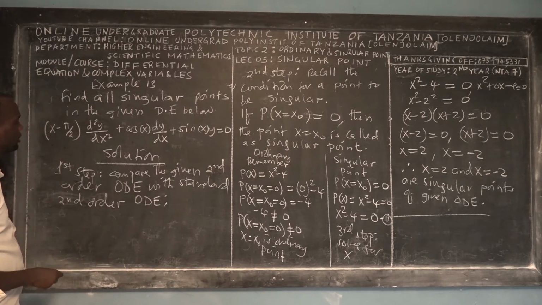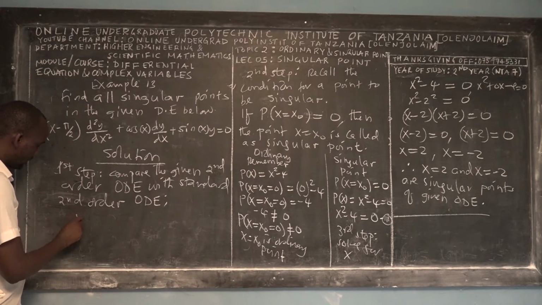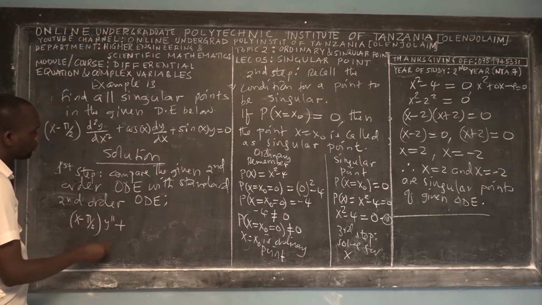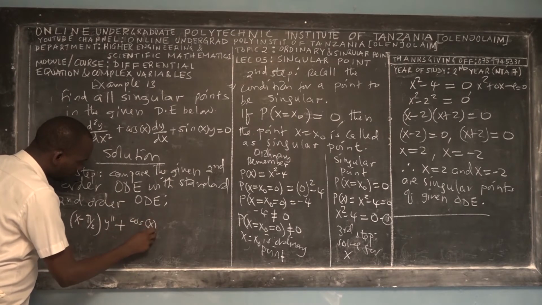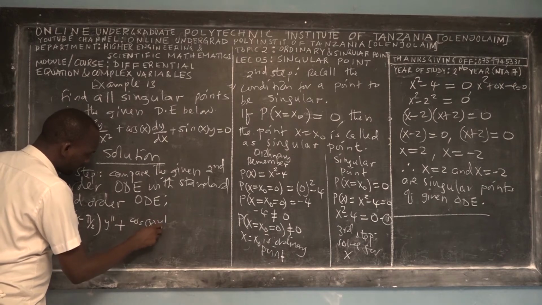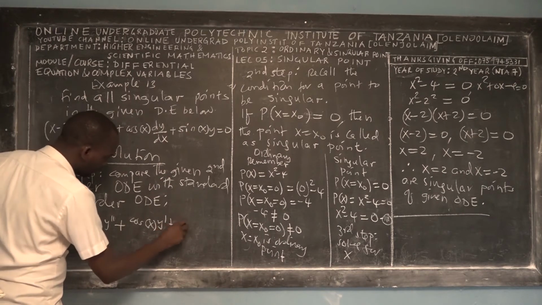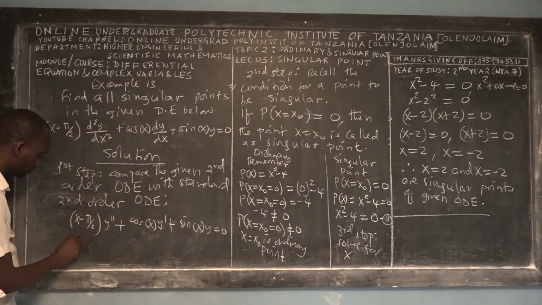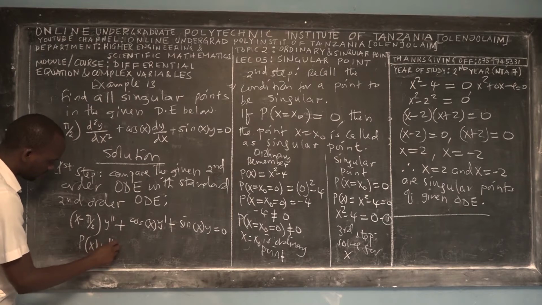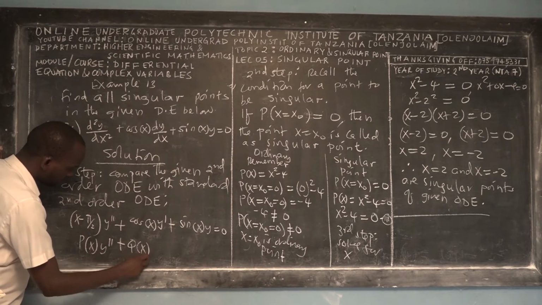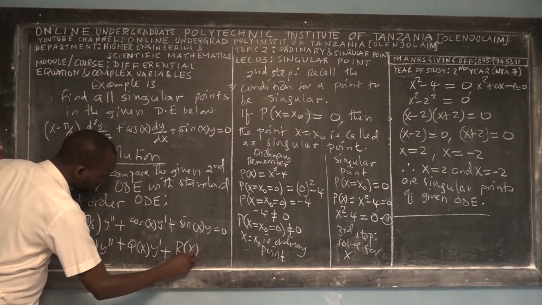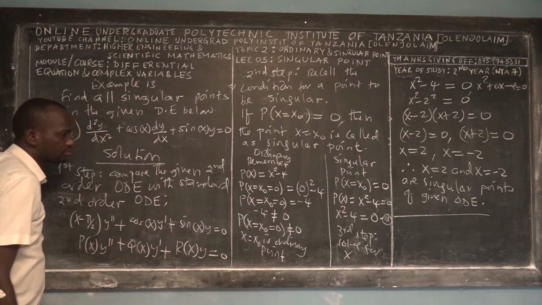You have x minus pi over 2 times y double dash, plus cosine of x times y single dash, plus sine of x times y is equal to 0. So I have to compare it with p of x y double dash plus q of x y single dash plus r of x y is equal to 0.